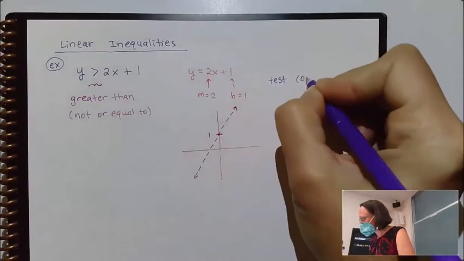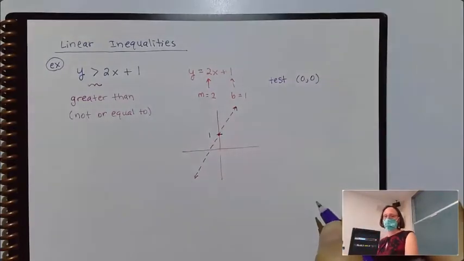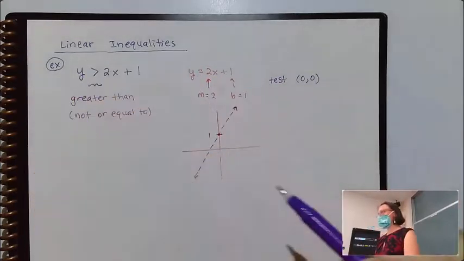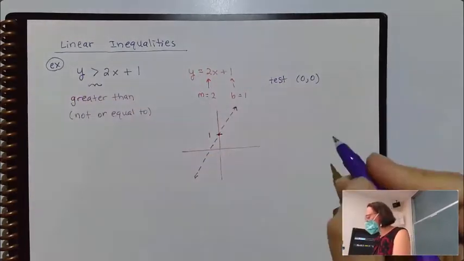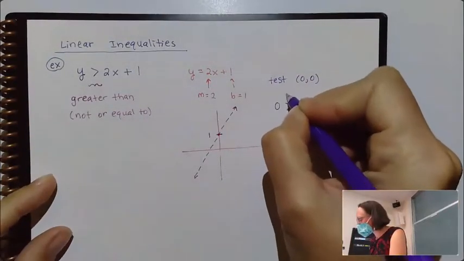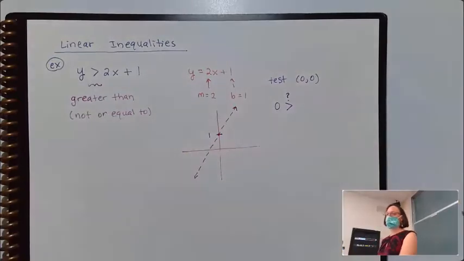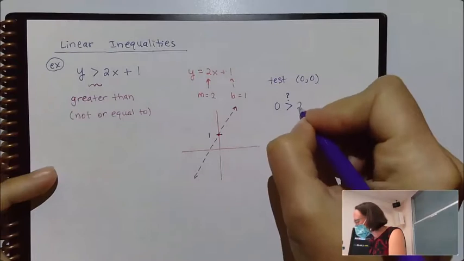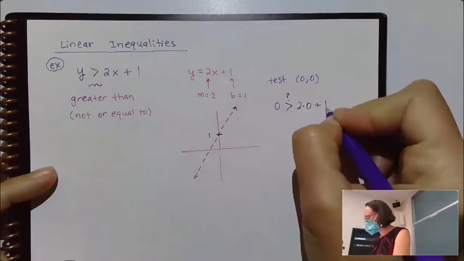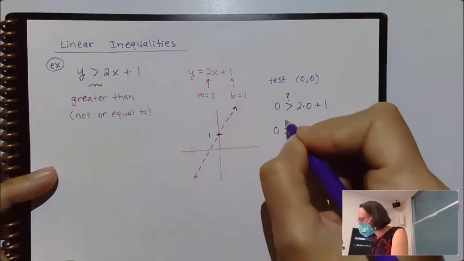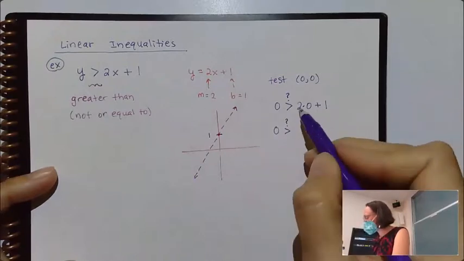So if I test 0, 0, I want to know, does it make the inequality true? So if I plug in 0 for y, and I'm going to give myself a little question mark about the inequality because I'm testing it, 2 times 0 plus 1. So is 0 greater than 2 times 0 plus 1?